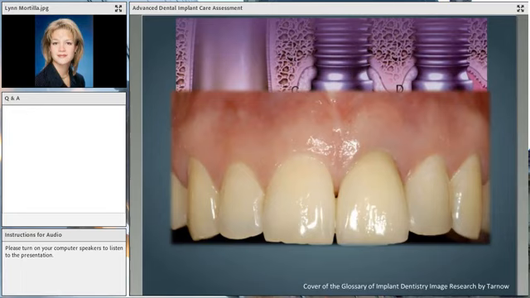You can also see that this gingival crest is a little bit higher here, and the width of this anterior incisor is a little wider than the natural tooth. So when you really start to assess and look closer, you can see a couple of inadequacies in a case like this. For all general purposes it looks great, but when you look a little closer, you can start to see some of these things.